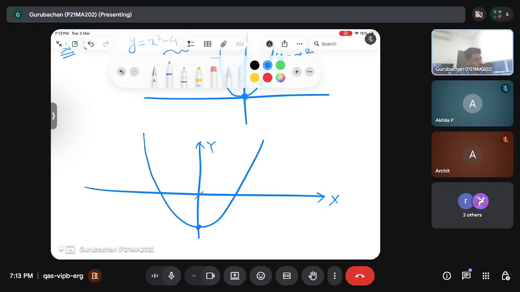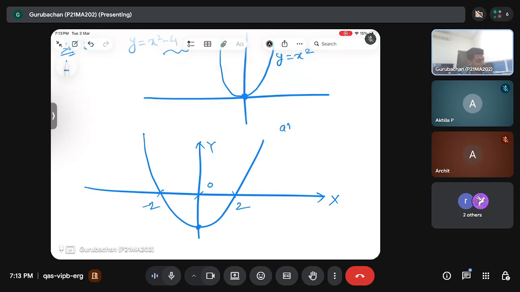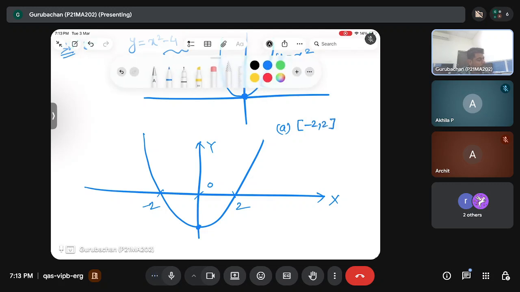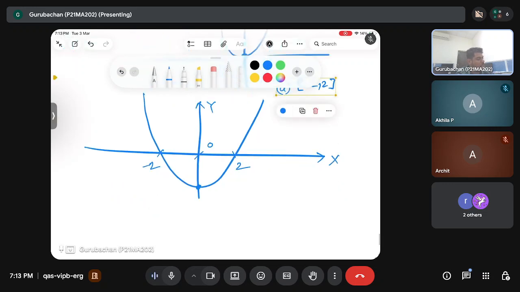Here it is 0, here it will be minus 2, and here it will be 2. So from the graph itself, when you talk about the interval minus 2 to 2, can you tell me from the graph, it starts from here until here, so what absolute maxima or local maxima are you seeing in this?